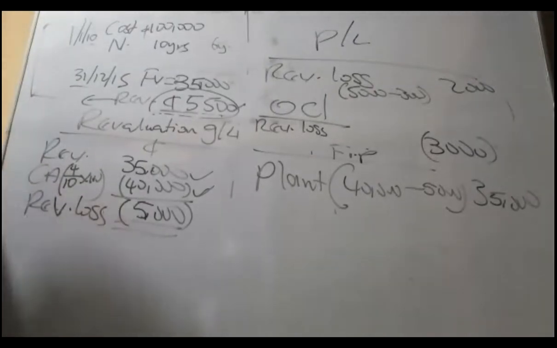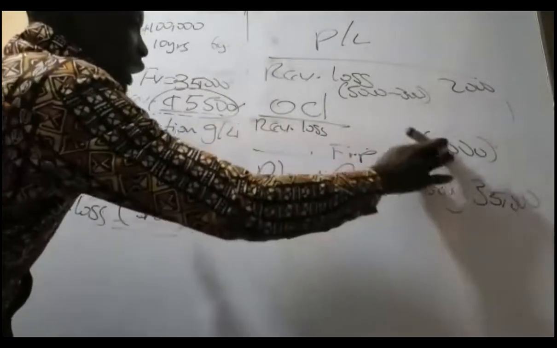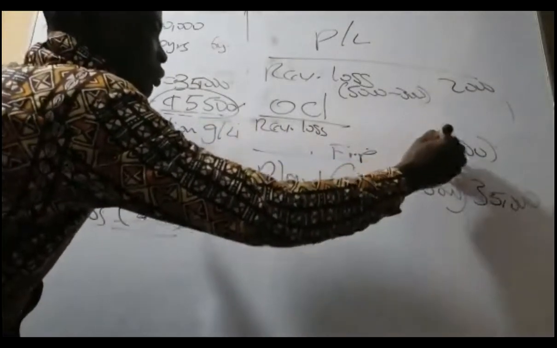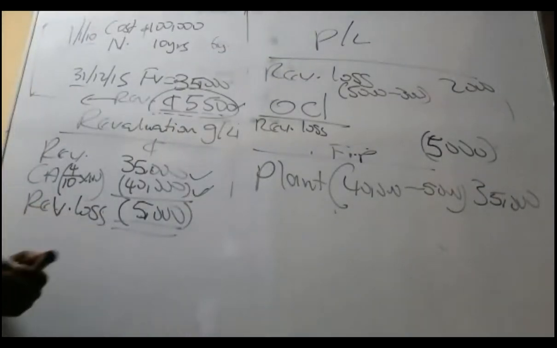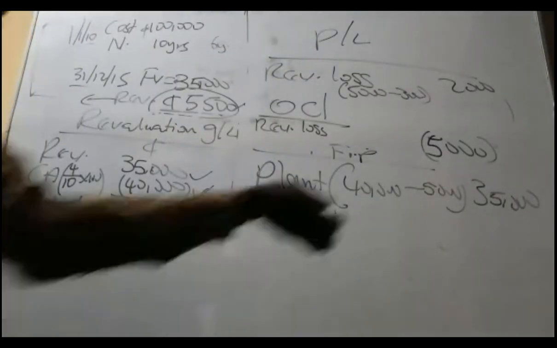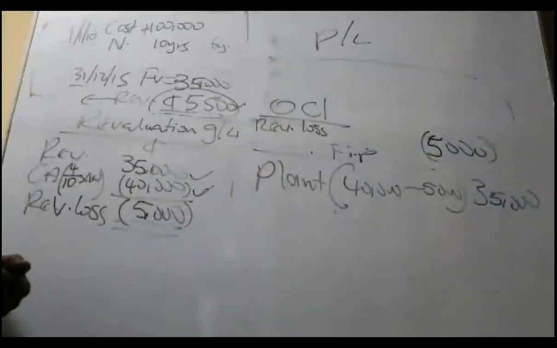Wherever that gain is, that gain will be in the OCI. So go to OCI and record 5,000 there. And nothing enters the P&L because all the loss has been exhausted. So in the P&L, nothing enters there. I'm done. That's the treatment, and that's the credit section.